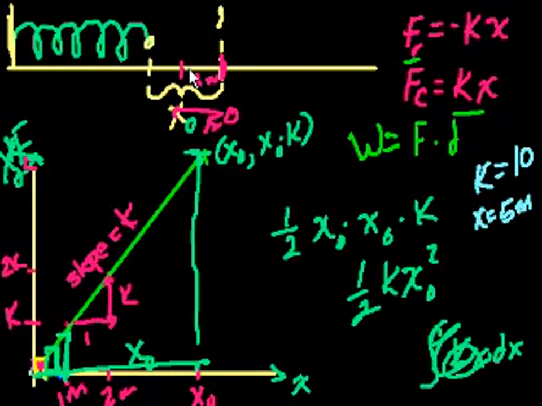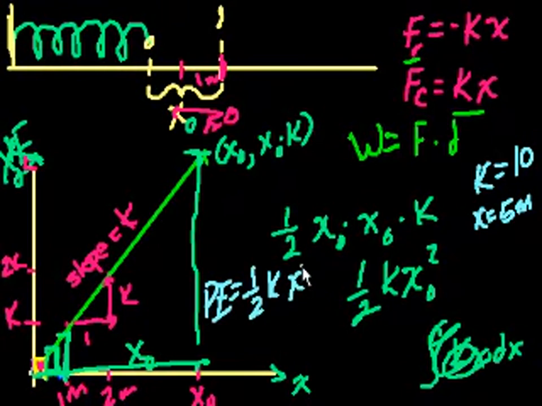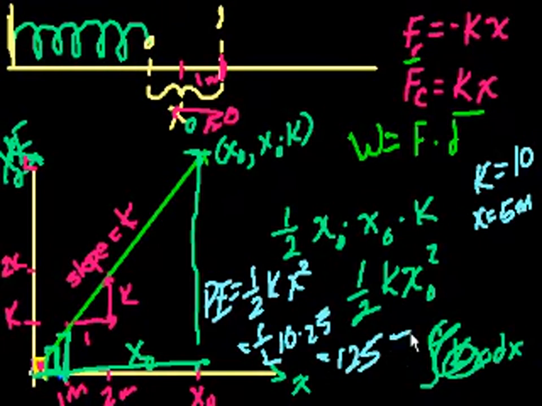At the time that it is compressed, how much potential energy is in that spring? Well, we could just say the potential energy is equal to 1/2 k times x squared. It equals 1/2 k is 10 times 25, and that equals 125. And of course, work and potential energy are measured in joules.